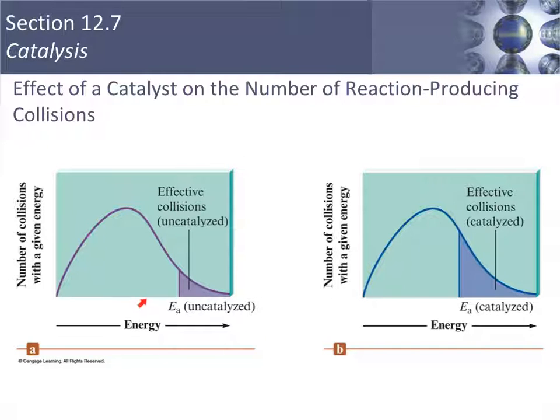So typically, if the reaction is not catalyzed, hypothetically, the number of particles that have the necessary energy is represented by the area under this curve. If we add a catalyst, what that does is it increases the number of molecules or particles that have sufficient energy. So it's another way of thinking about a catalyst.